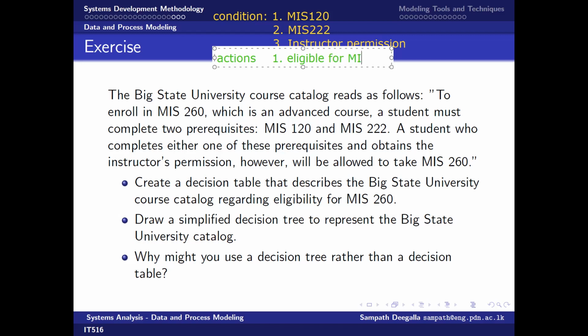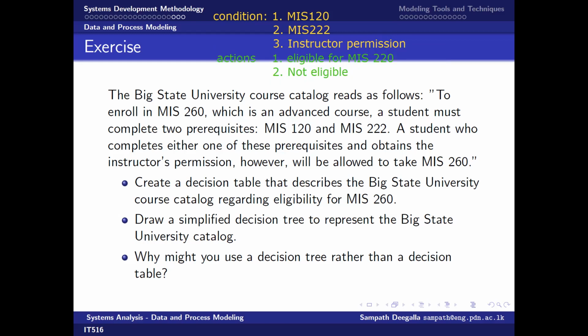So these are the actions: eligible for MIS 260, and not eligible.